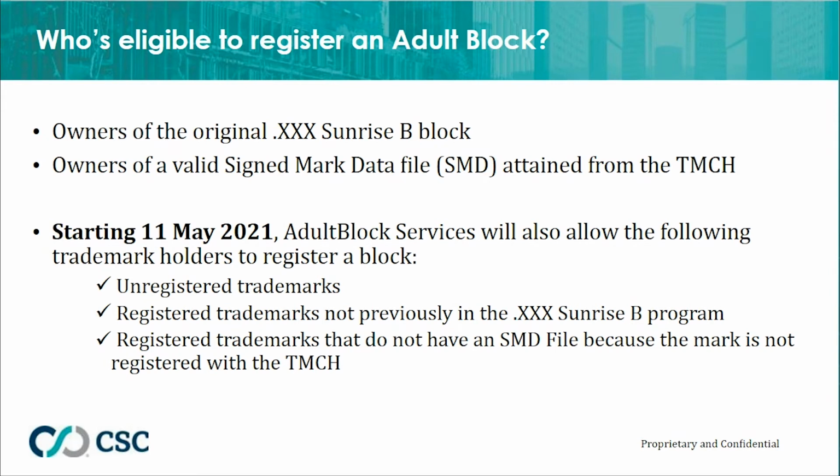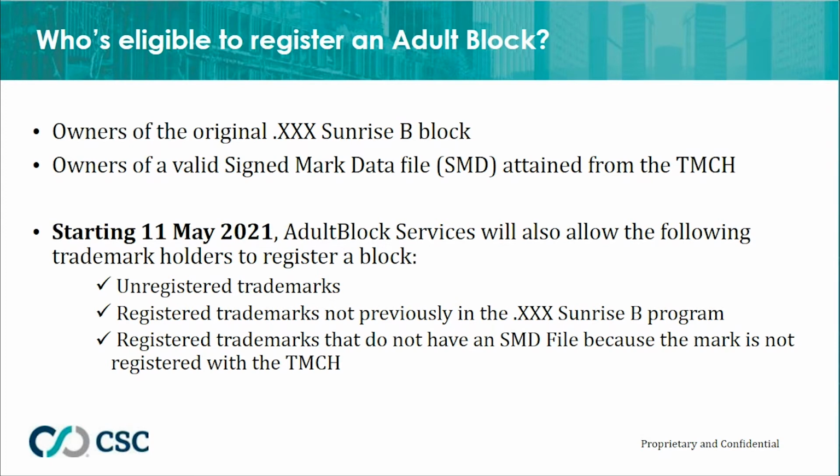Another way to qualify is by having a Trademark Clearinghouse registration. So if you own a valid Trademark Clearinghouse registration today and you have an SMD file, you can register a new block as well. So you have those two ways of applying for a block. In addition to that, starting May 11th, AdultBlock services will actually be available to any trademark holder.